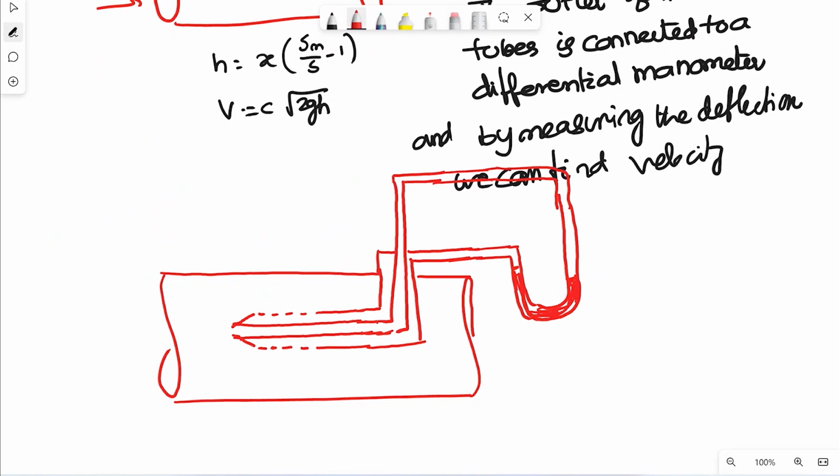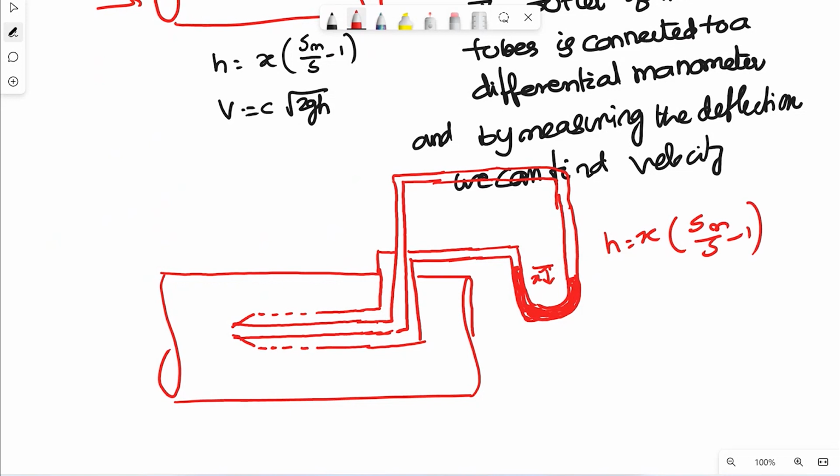So the outer tube is measuring only the hydrostatic pressure, whereas the inner tube is measuring both the hydrostatic pressure plus the dynamic pressure, which is being converted into pressure head. Now measure this difference. This difference, h is equal to x into (Sm/S minus 1).